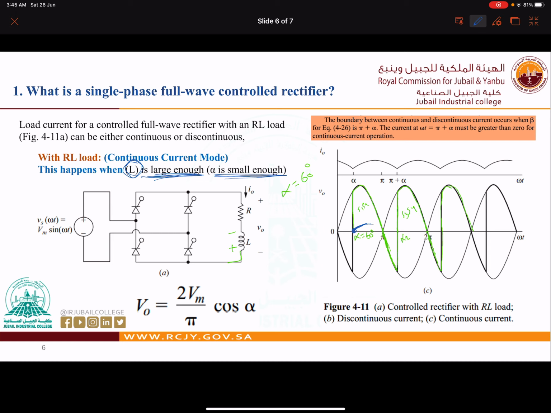Where is the new beta, Shabab? This is the new beta. The new beta is alpha 2. So it will start again. And up to the alpha 3. And it will start again.